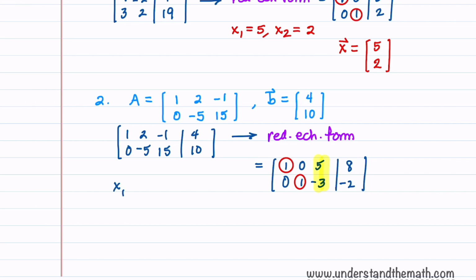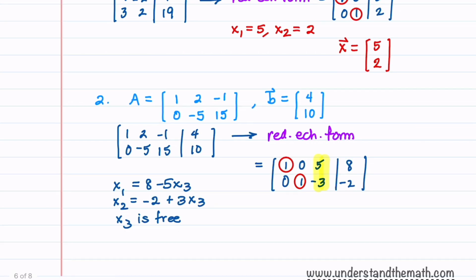Our x1 is equal to 8 minus 5x3, and then our x2 is equal to minus 2 plus 3x3, and our x3 is free.